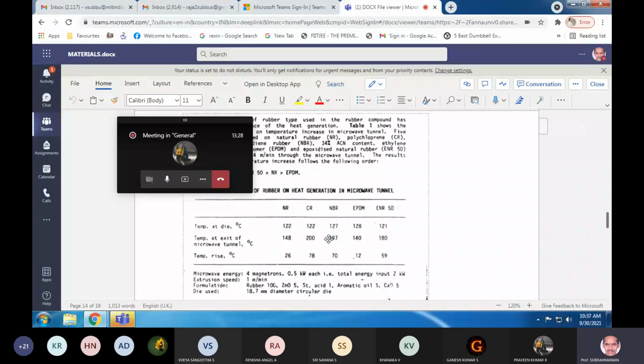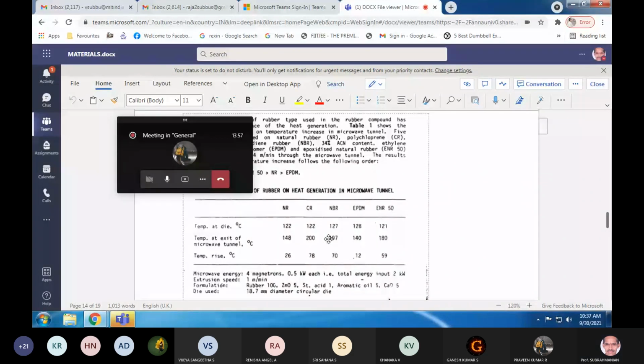In the table given here, across various polymers from NR to epoxidized NR, 50 mole %, and in between you have other synthetic rubbers.